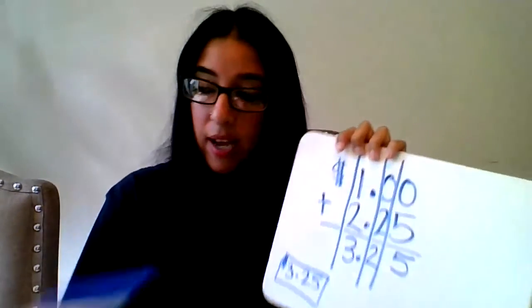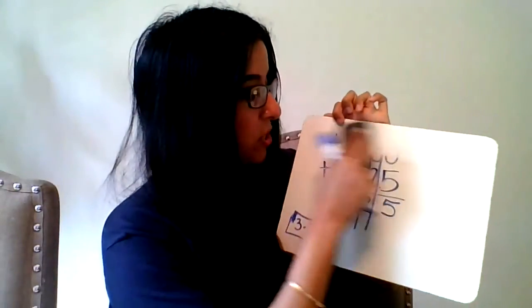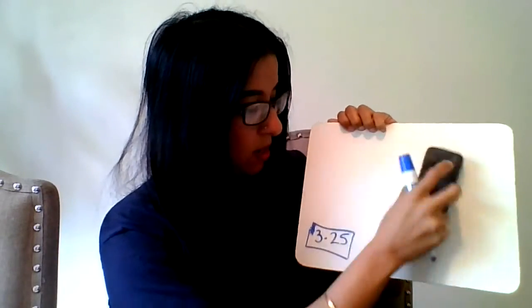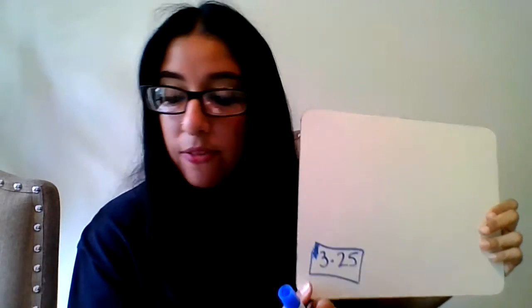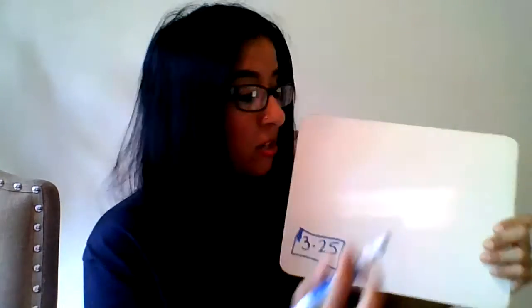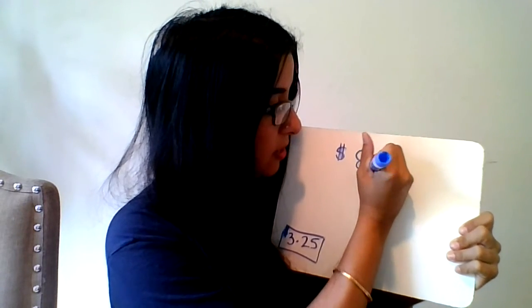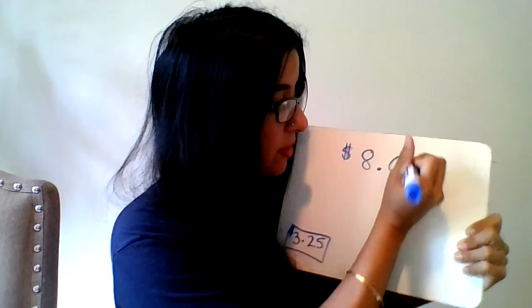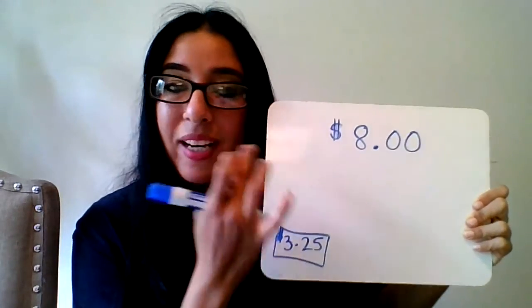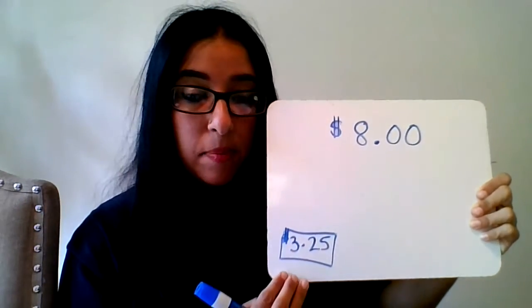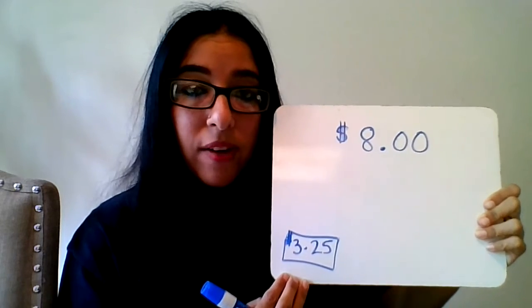So I will go ahead and erase this right here, just as you guys will be on your paper, writing it in a separate area. Now we have to look at, the question says that John has $8. So I'm going to write $8 up here nice and clear with my decimal. And now that I know he has $8, he has spent $3.25.